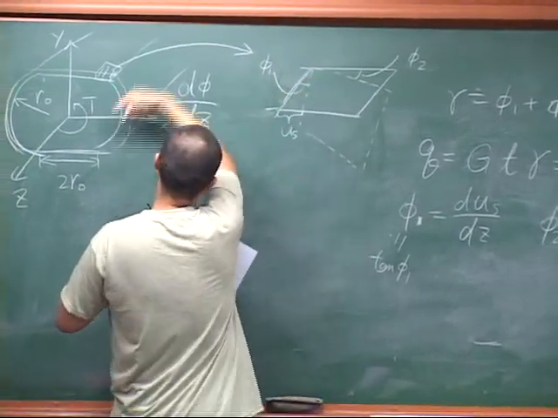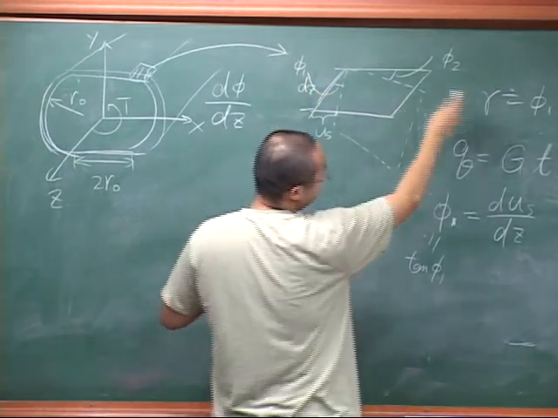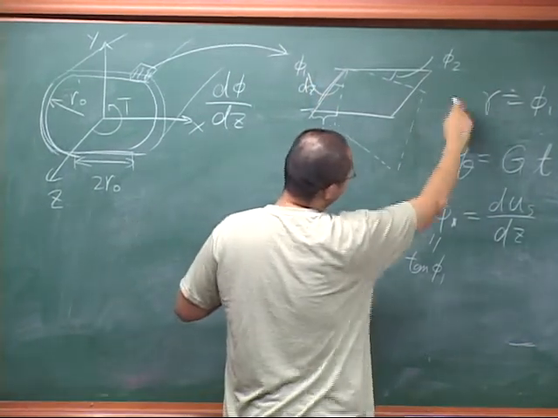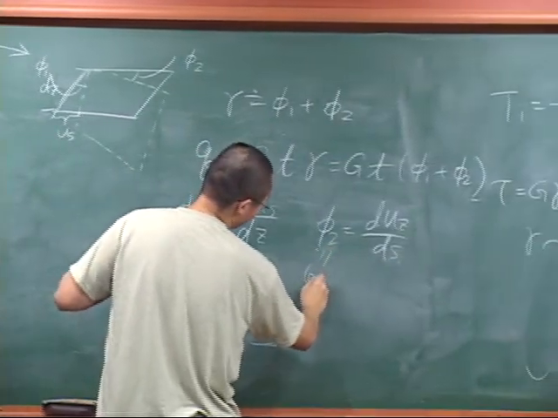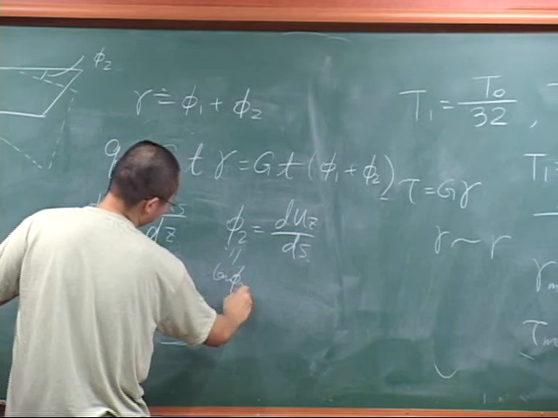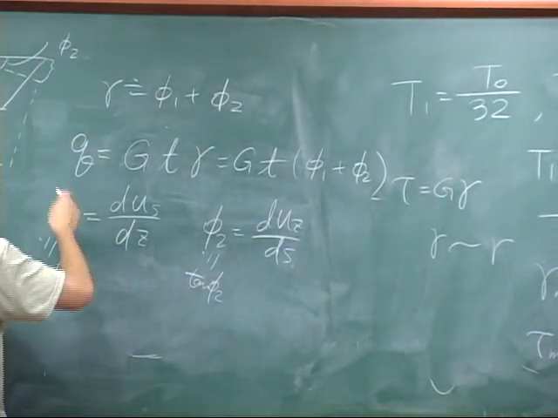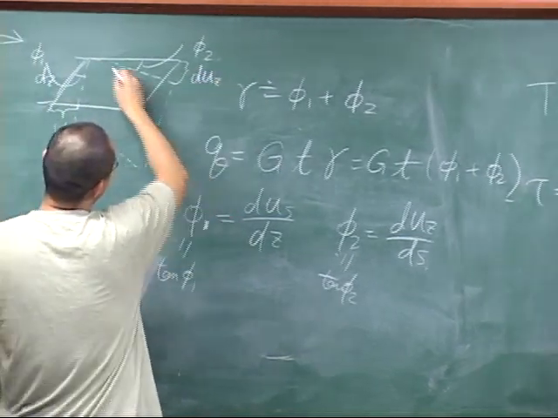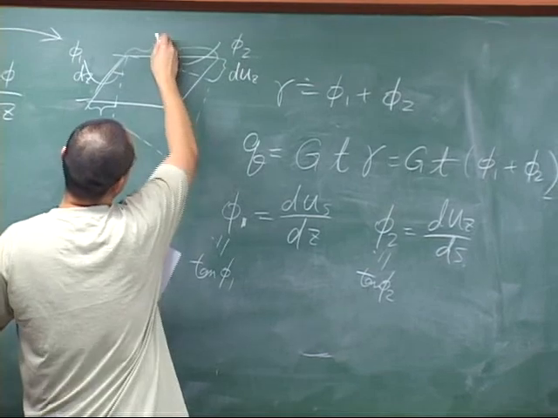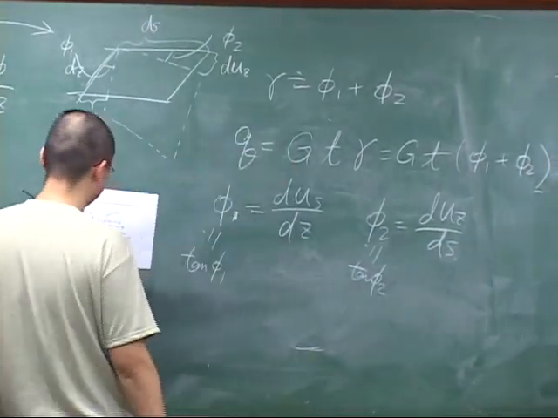This is in z direction, right? dz. And by the same token, we can find phi 2, approximately equal to tangent phi 2. This is the displacement in z direction, du_z, divided by this distance, ds.